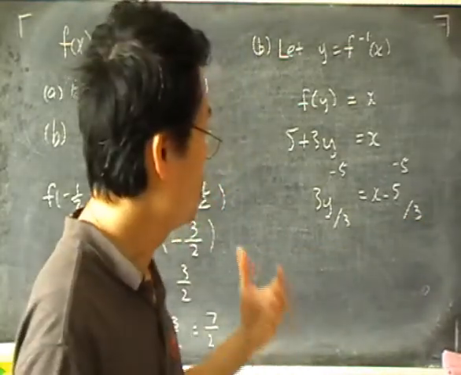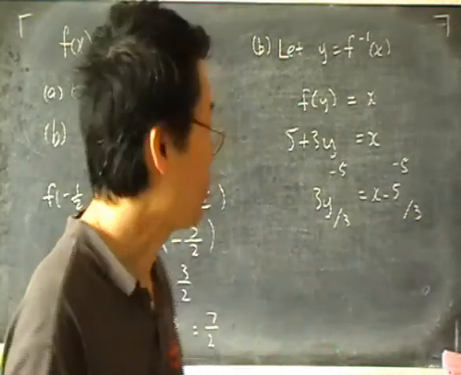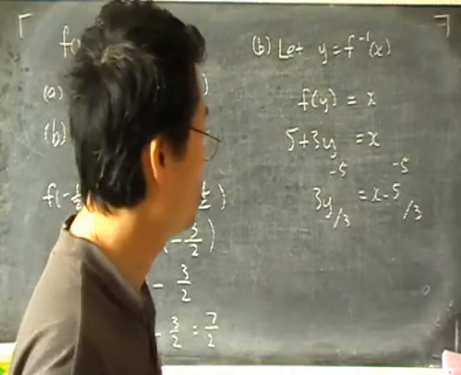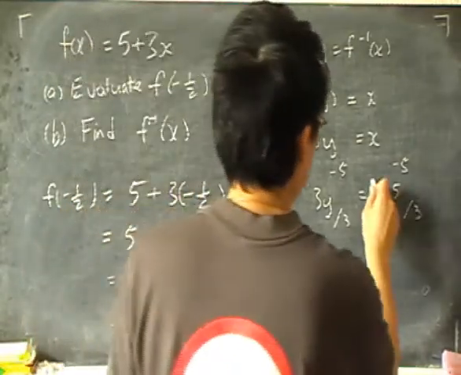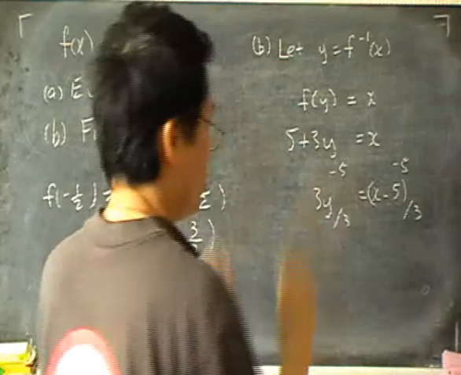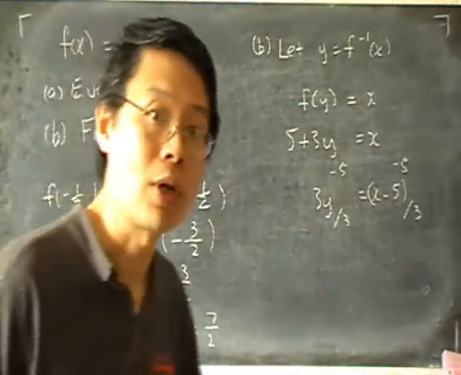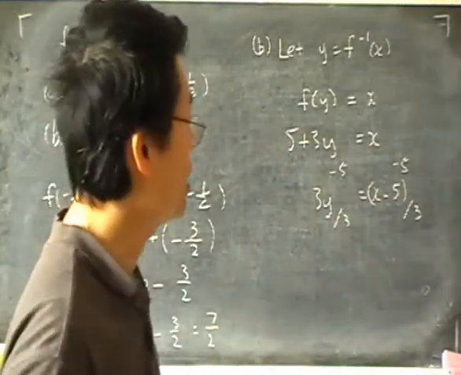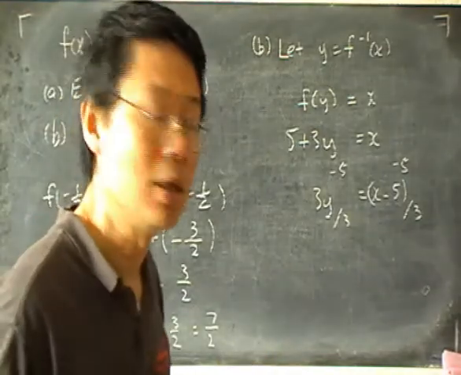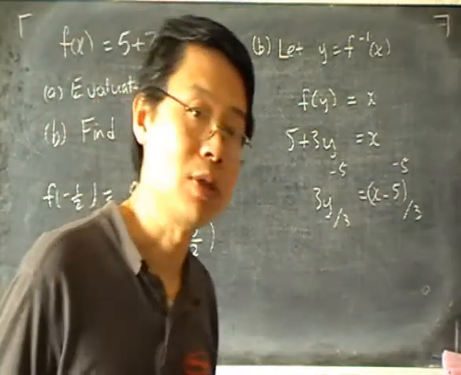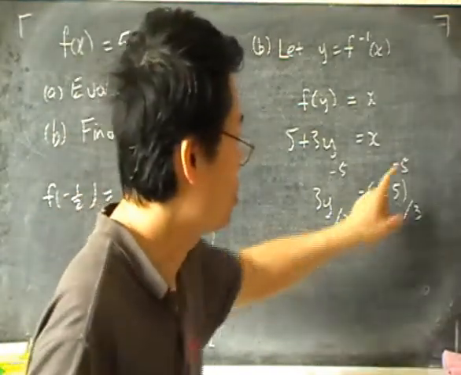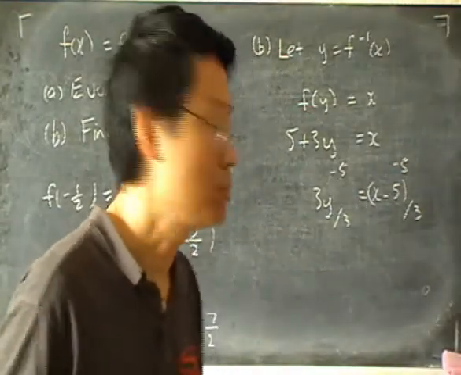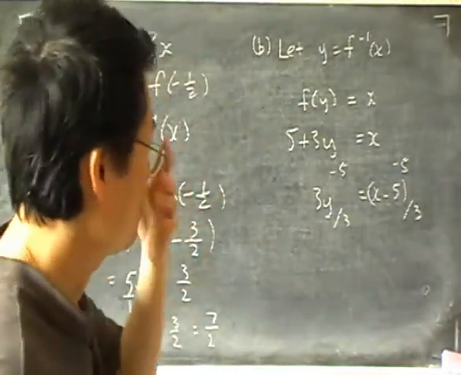So to make sure that we do this right, we have to put a bracket there to make sure that we do the x minus 5 first. That's always good practice when we multiply or divide one side of the equation, to put a bracket around the whole side before we multiply or divide.